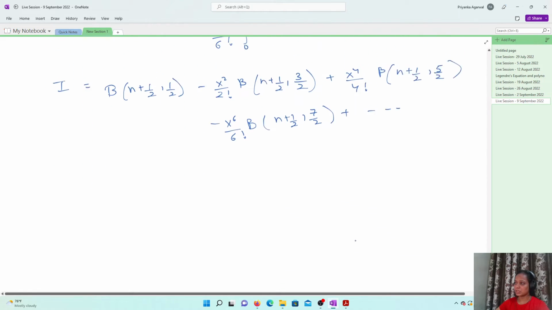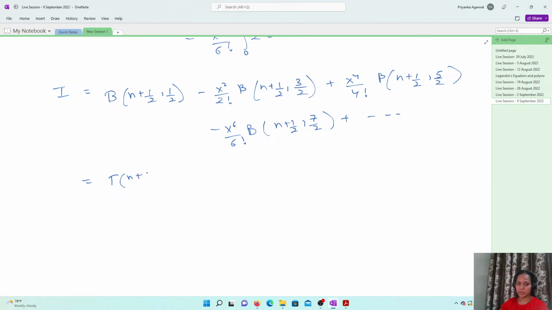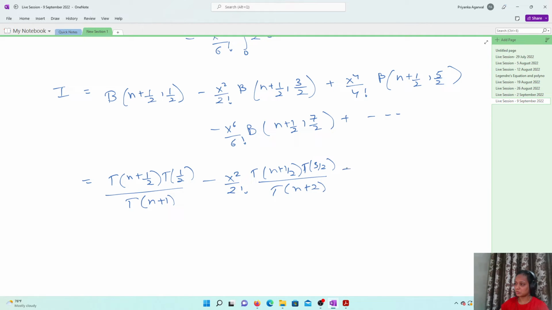Now beta function can then be expanded in terms of gamma function. So now this becomes gamma of n plus 1 by 2 into gamma of 1 by 2 over gamma of n plus 1, that is the summation of these two, minus x square by 2 factorial gamma of n plus 1 by 2 gamma of 3 by 2 over gamma of n plus 2.